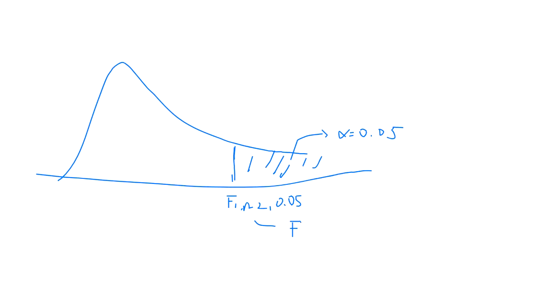The probability that F is greater than the critical value F(1, n minus 2) at 0.05 is equal to 0.05, where F has 1 and n minus 2 degrees of freedom.